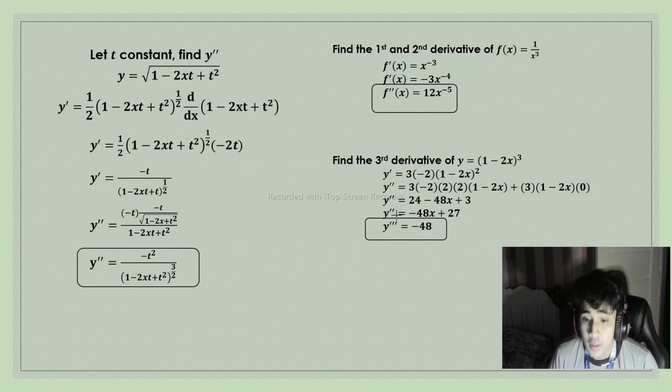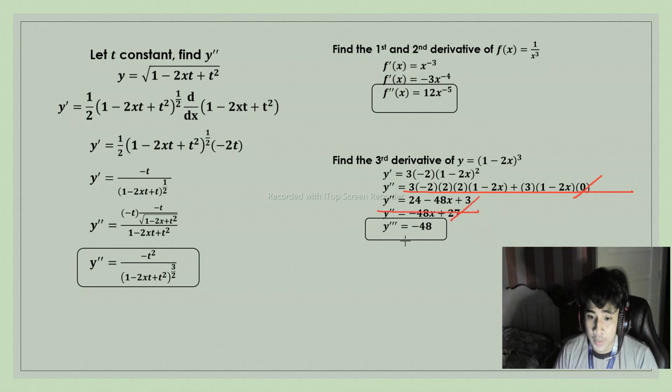So, pag sinimplify na natin tong equation na to, makukuha na natin yung that will be 24 minus 48x plus 3. Then, pwede natin siyang i-simplify pa. That will be it na, this one.